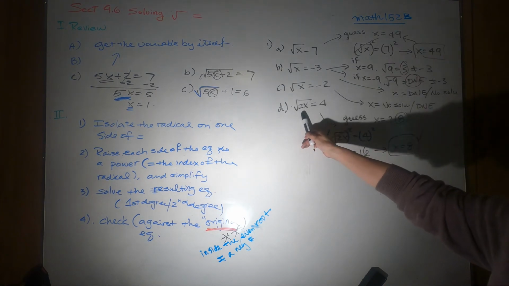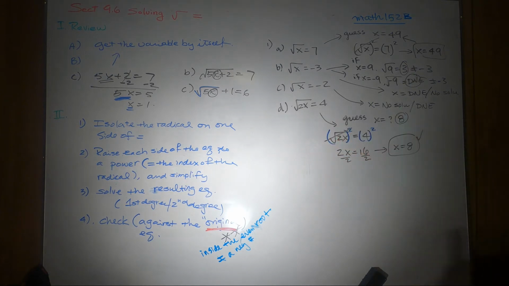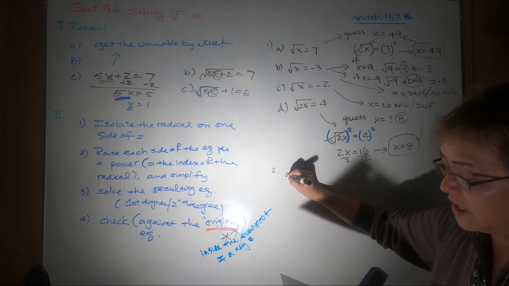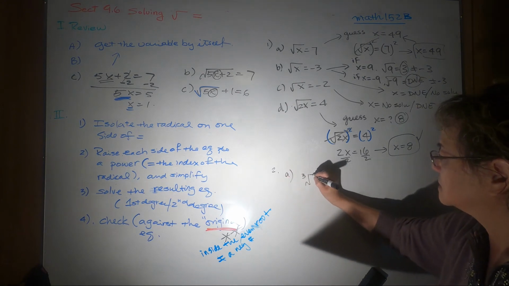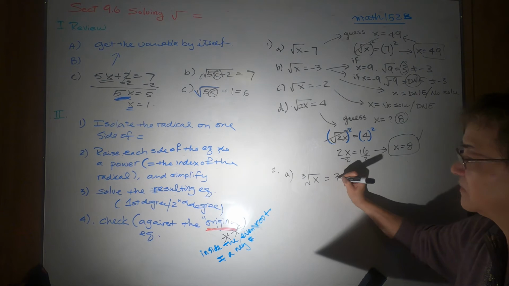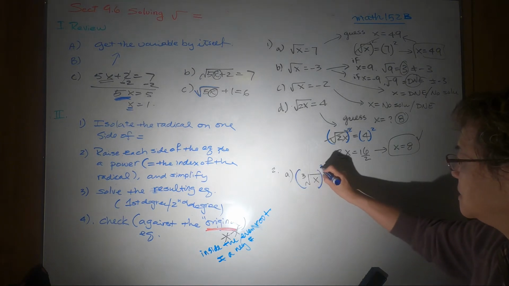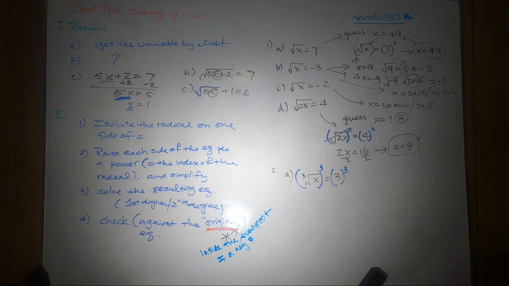So if you have radicals by itself on one side, that's how you manage. Okay? So if you have a cube root, so what do you think? Same thing, you follow. Then you need to do what? You need to take a cube that way.